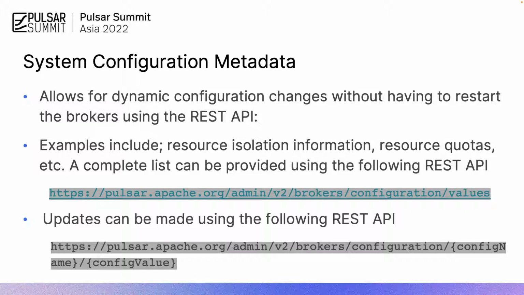The third category of metadata is system configuration metadata, as shown here. This metadata deals with cluster-wide policy information such as broker and bookie isolation groups if you are to configure them, tenant-level resource quotas and policies of that nature, and the default policies for namespaces and tenants, including security policies, schema compatibility, and so forth.